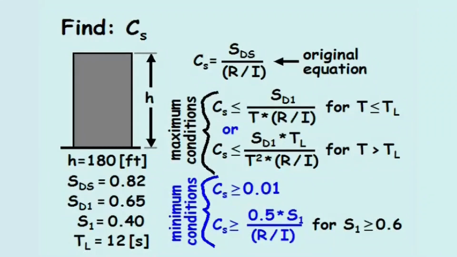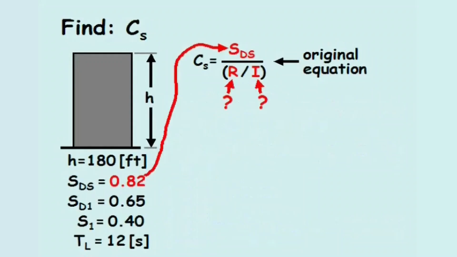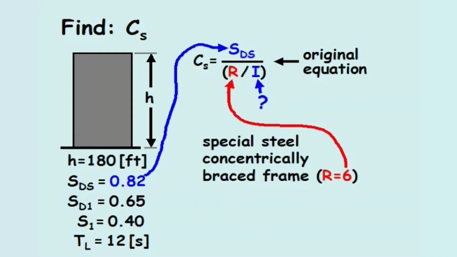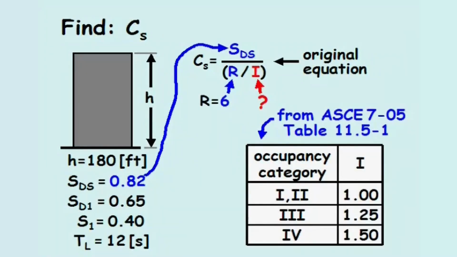The seismic response coefficient equals 0.82 divided by the quotient R divided by I. The problem states the response modification factor equals 6, based on the structure's seismic force resisting system. And the importance factor is based on occupancy category of the building, from table 11.5-1 of ASCE 7.